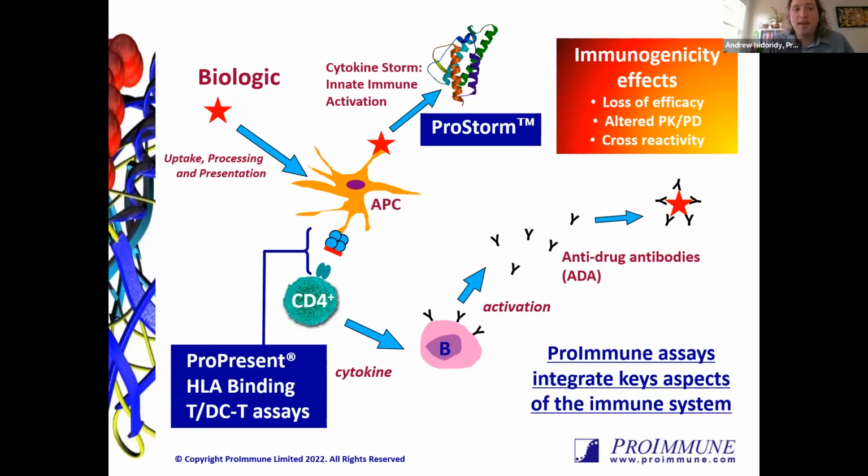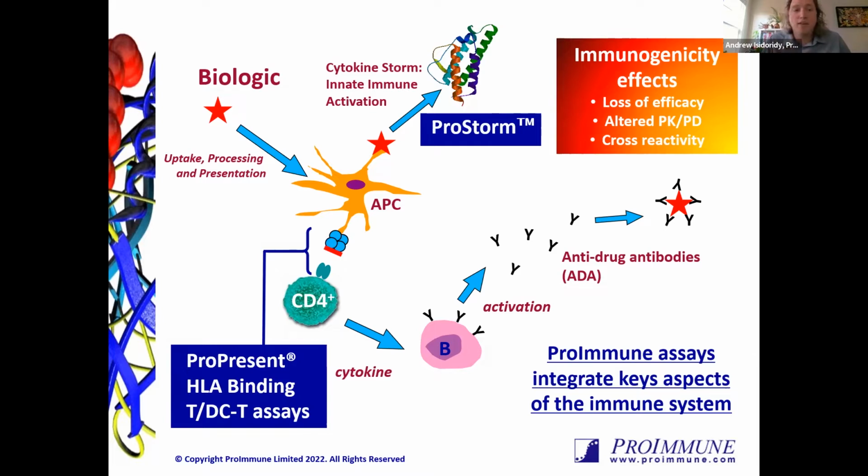In addition to that, you have the adaptive response mediated through MHC class 2. We have a number of assays that focus on this interaction between the CD4 T cells and the MHC class 2 pathway presenting the peptide antigen. We have the ProPresent assay, an antigen presentation MAPPs assay that Jeremy had quickly mentioned.